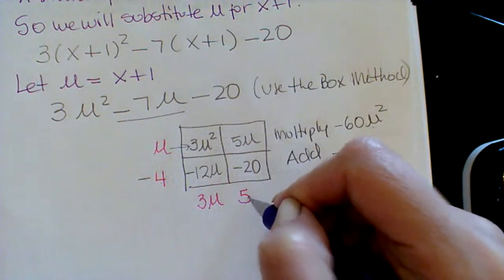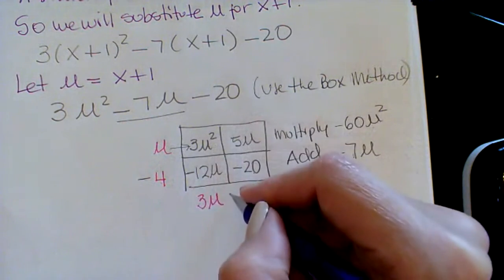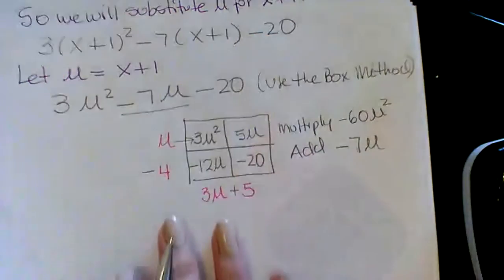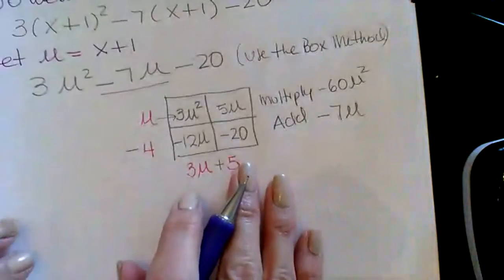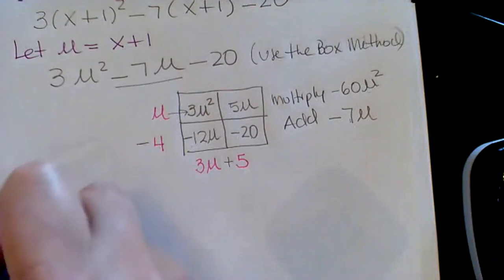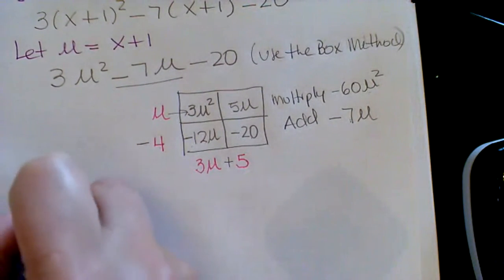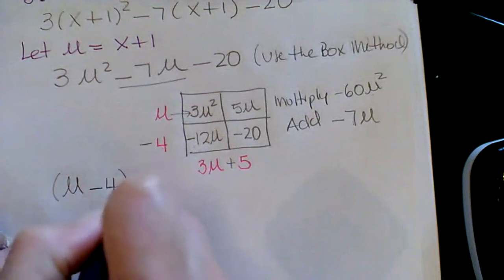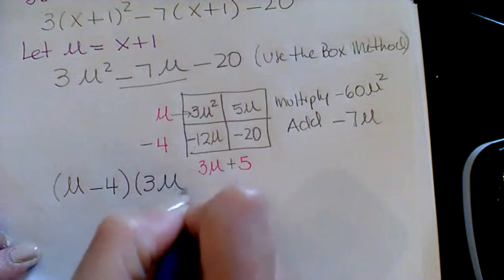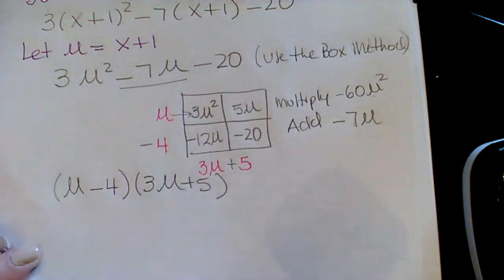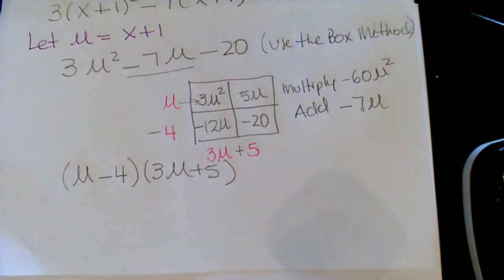If I multiply 5 times u, I get 5u. So what I just got was u minus 4 times 3u plus 5. Okay? But we're not done.